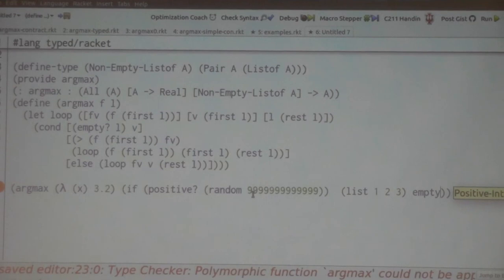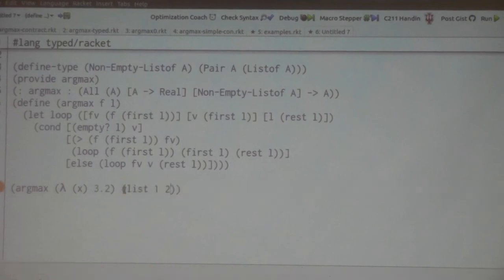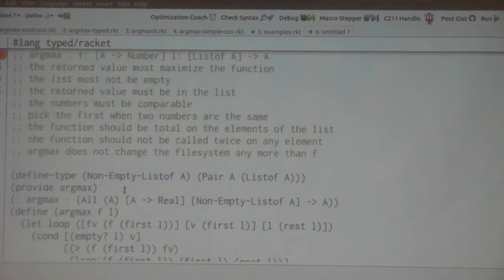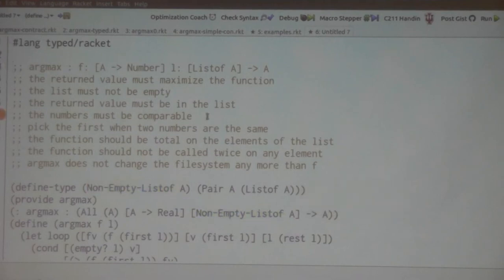Okay, so now let's think about which parts of the specification we do satisfy and don't satisfy. So we checked that the list must not be empty. Turns out that the type itself guarantees, like I said, because of parametricity, that the returned value is in the list, because there's just no way for it to not be in the list.